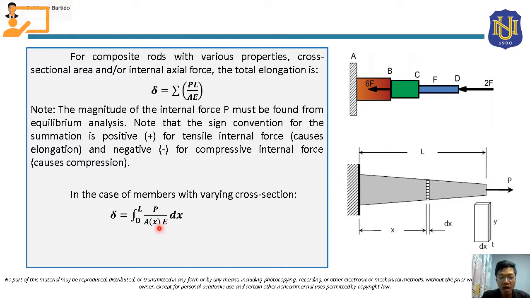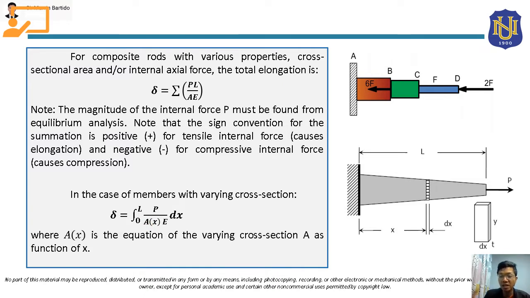And then A of x here will be the generated equation, expressed in x, derived from the geometry of the rod. E here is the modulus of elasticity or the material property, so this will be a constant. So we are just going to integrate this from 0 to L to get its deformation.